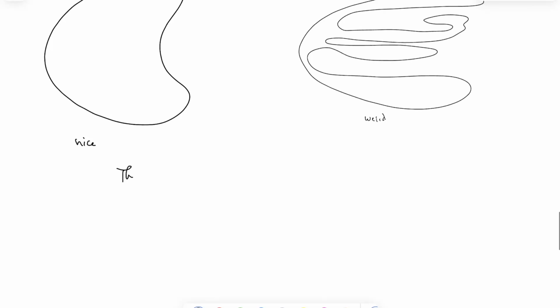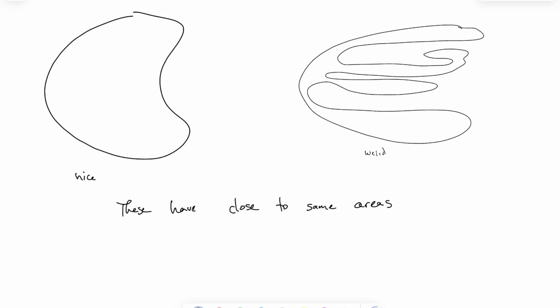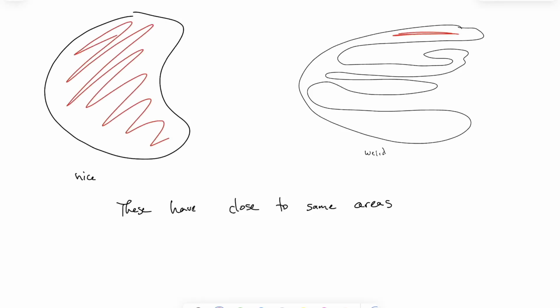Can we just say close to the same area? At least in the ballpark, all right? I'm talking about the area inside, and this has nothing to do with convex hulls. It's just about the area inside the shape. These have close to the same areas, but what about the perimeters?